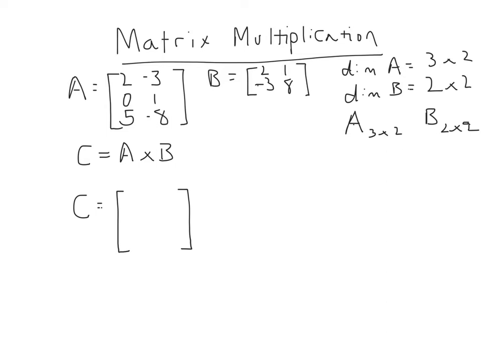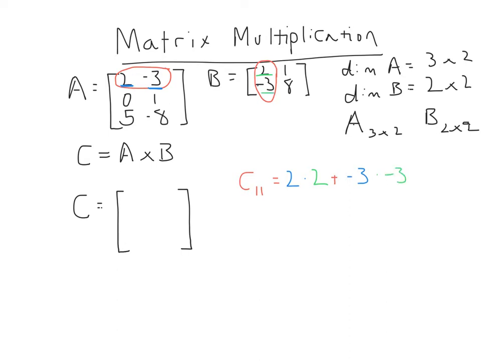And the way that we're going to do these matrix products is we're going to take a row from matrix 1 and we're going to multiply that by a column from matrix 2. So in order to create my entry C11, I'm going to multiply the 2 from my first matrix times the 2 from my second matrix, and to that I'm going to add the product of the negative 3 from my first matrix times the negative 3 from my second matrix.